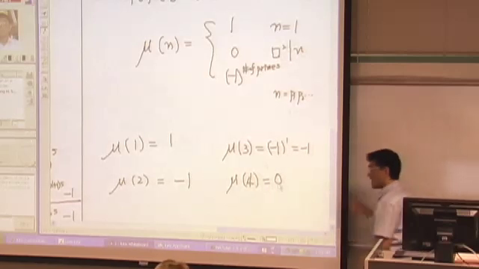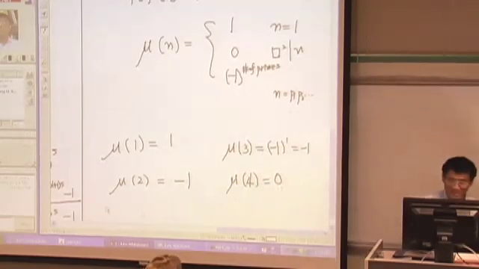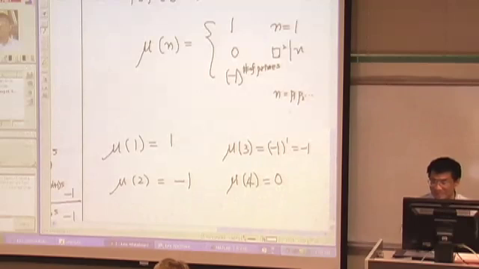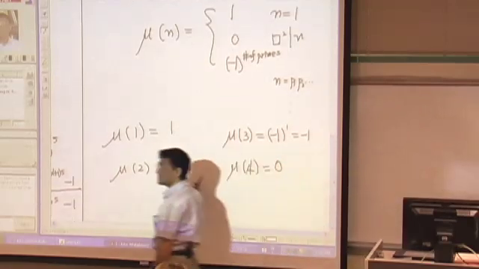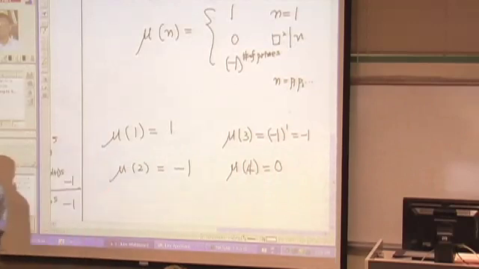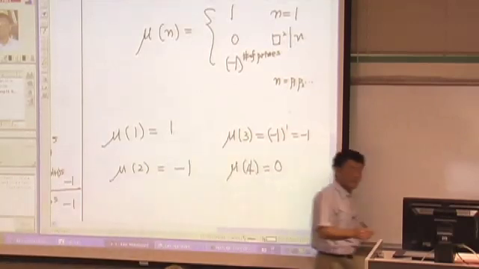If you don't follow me, ask me. Then please, as an exercise problem, since I don't have enough space, find these values up to 10 to check whether you understand the definition or not. Of course, I will write down the result.